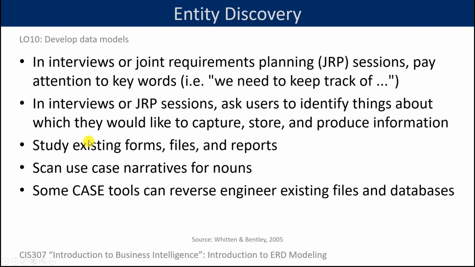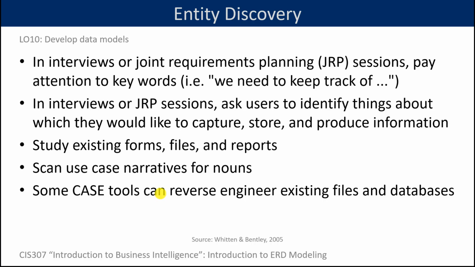Sometimes you discover entities by studying existing forms, such as paper forms that people fill in, existing files, and reports. You scan them to see how people work and what kind of data storage needs they have. There are automated tools as well that can reverse engineer existing files and databases to identify entities. But even if you use an automated tool for entity discovery, there's no escape from the need for a human touch.